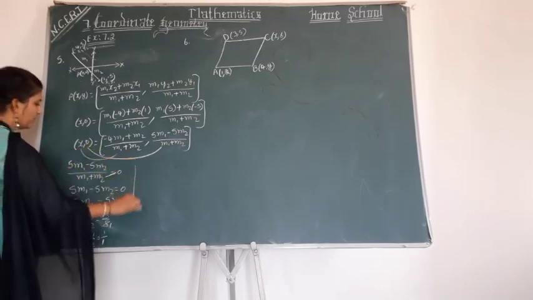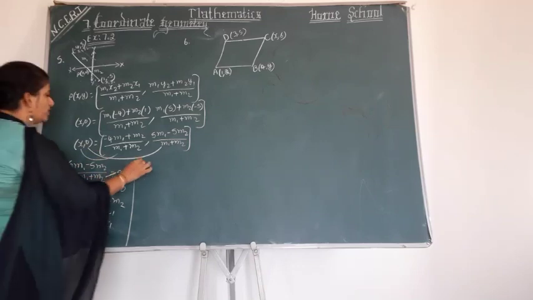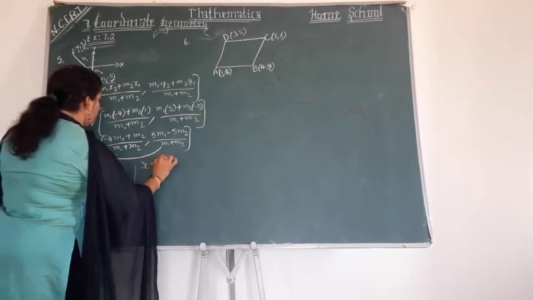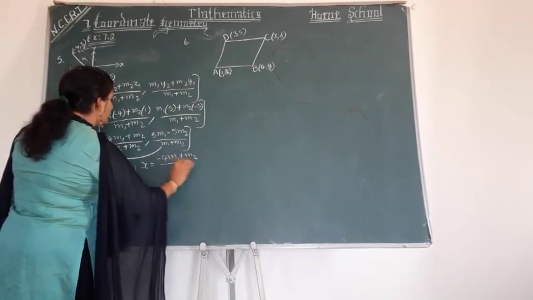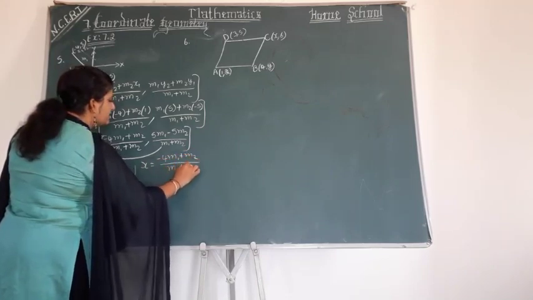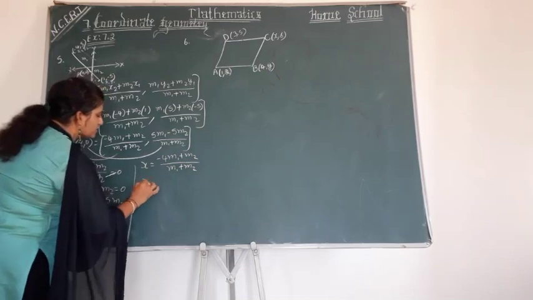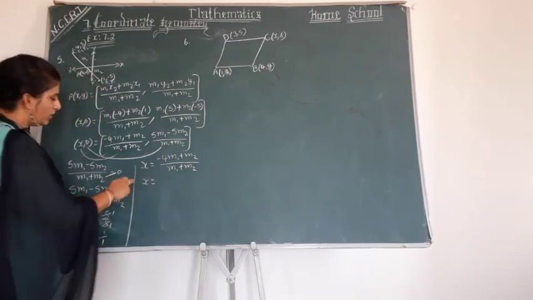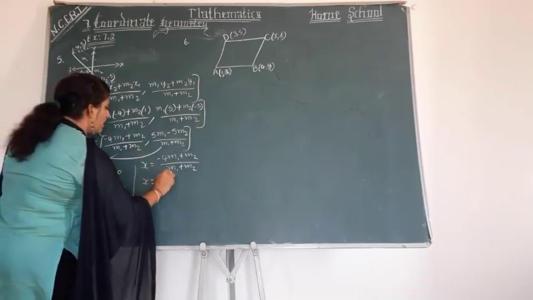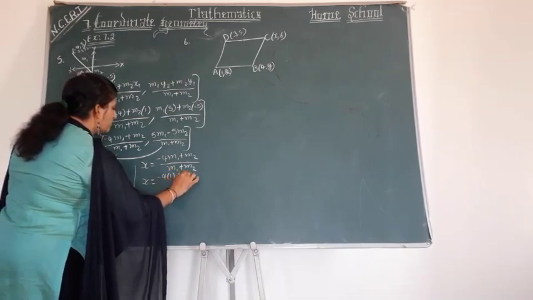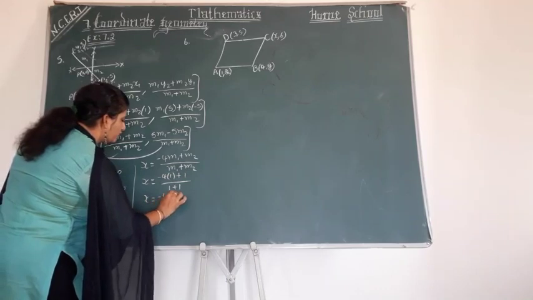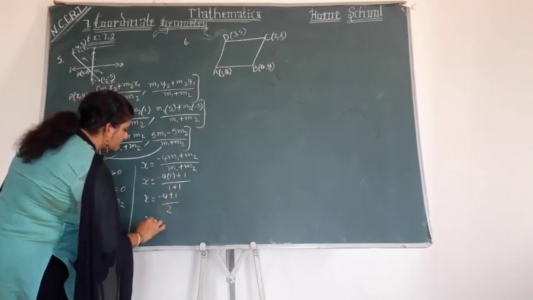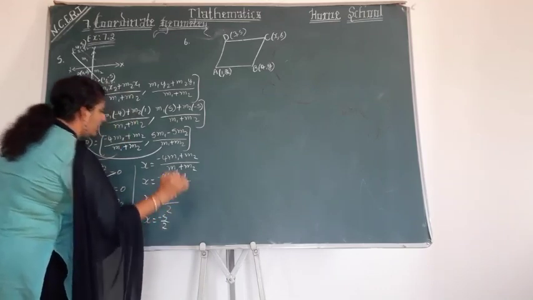Now let's compare the other ratio. What is the other one? x is equal to minus 4m1 plus m2 by m1 plus m2. Children, substitute the m1 and m2 values, then you will get your x value. Minus 4 into 1 plus 1 by 1 plus 1. x is equal to minus 4 plus 1 by 2. x is equal to minus 3 by 2.